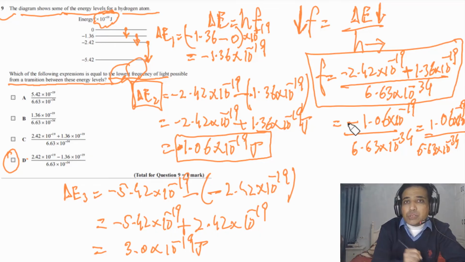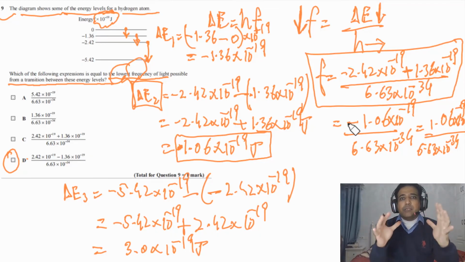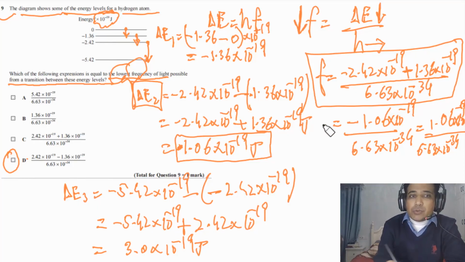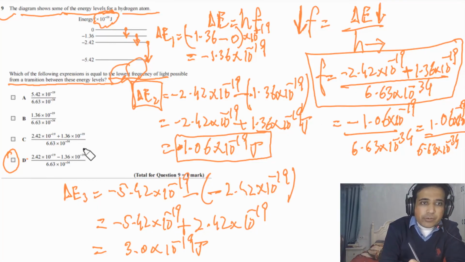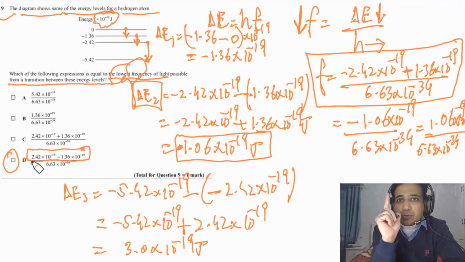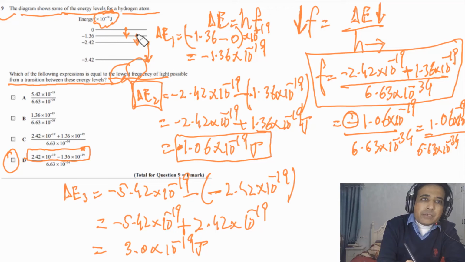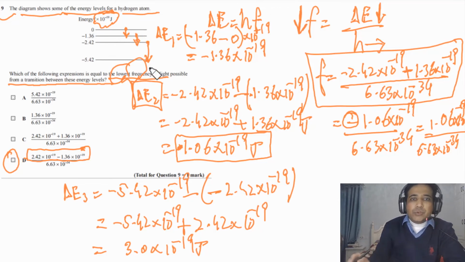You can ignore this negative sign, because it simply tells you the decrease in energy of the electron. That's the reason they have ignored it and written the energy change, so you don't see the negative sign here. Don't get confused with this one. It simply tells you the energy of the electron has decreased when it jumps from this energy level to this one. So the answer for this question is D.